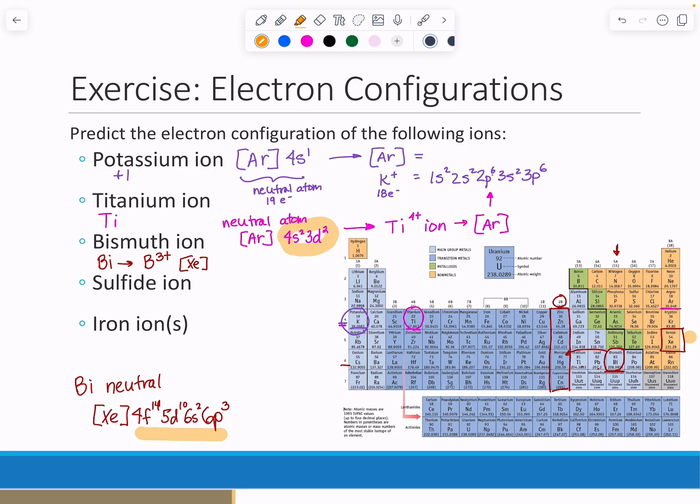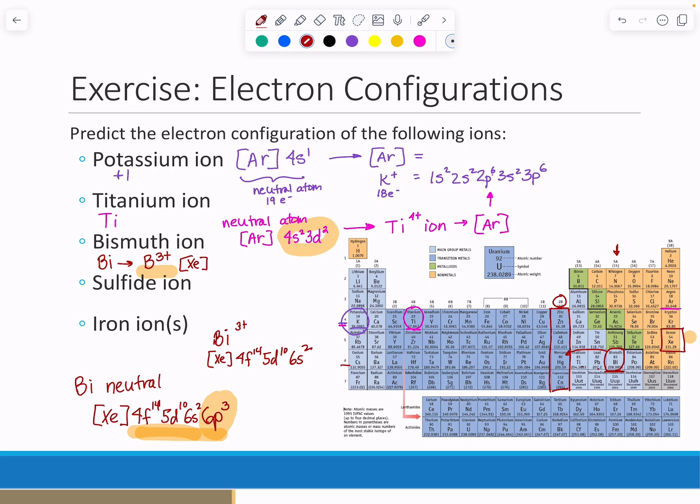But having this electron configuration makes it a little bit easier to see how we wind up with a 3+ ion, because if we just lose these 3 unpaired electrons, then everybody else is paired, okay? So our electron configuration for Bi 3+, okay, is going to be xenon 4f14 5d10 6s2. Okay.